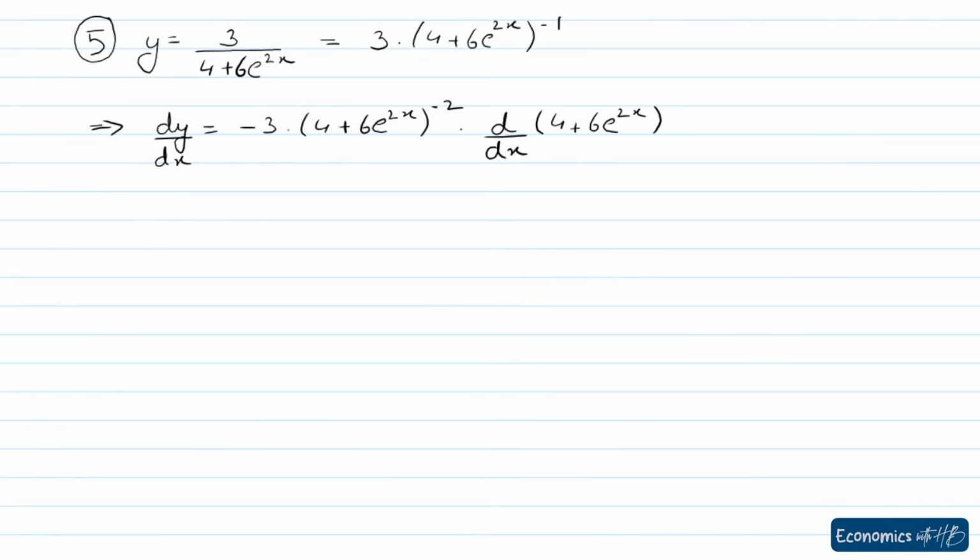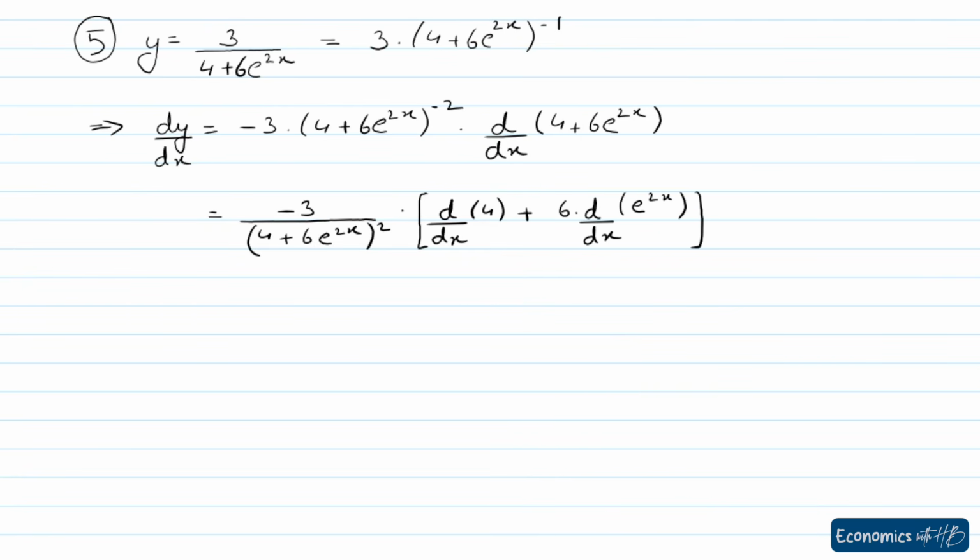We get minus 3 by 4 plus 6 e to the power 2x whole square. So we take this into the denominator. Minus 2 becomes plus 2 in the denominator, and then we differentiate the bracket part, d by dx of 4 plus 6 into d by dx of e to the power 2x.